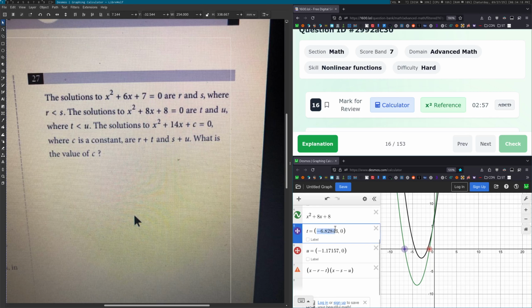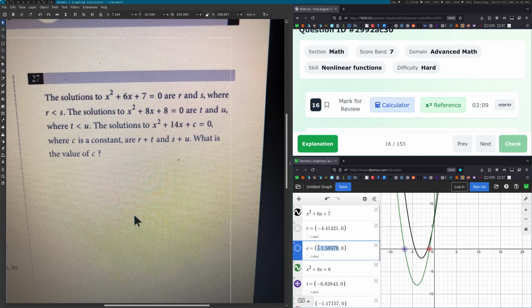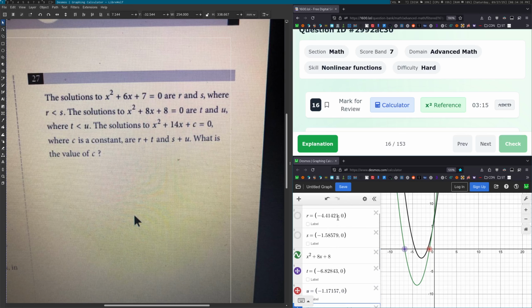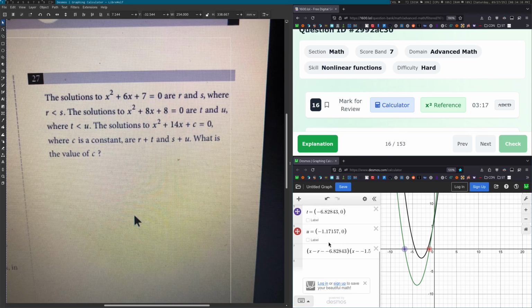And we can plug in what we found them to be now. This is the U value. This is the S value. And we can plug in the R value here.